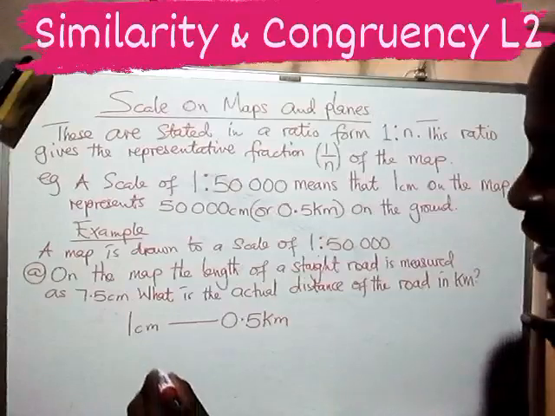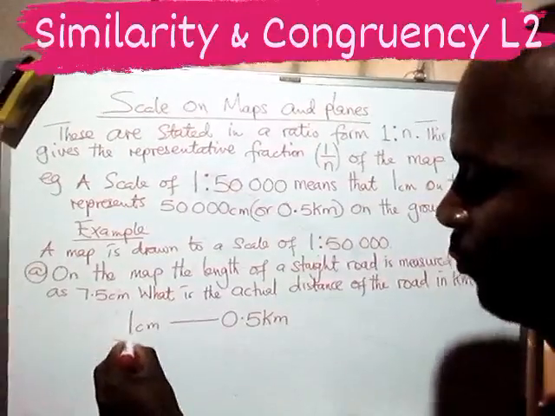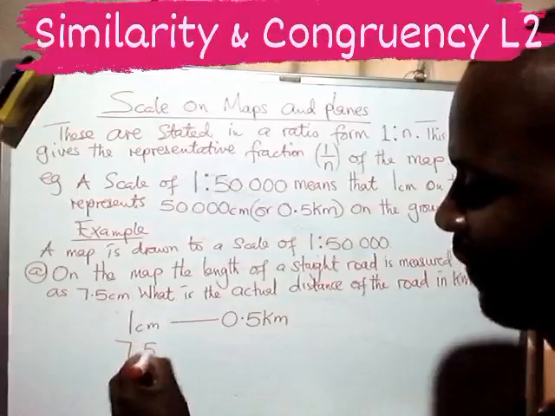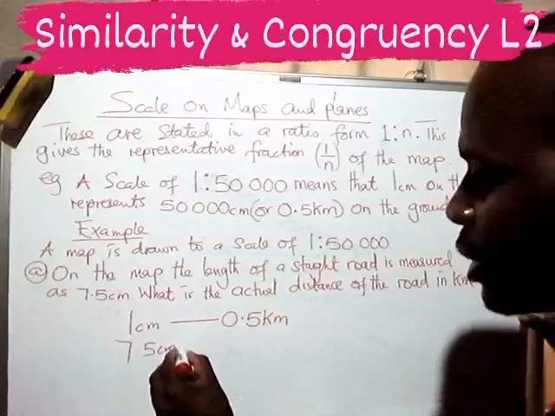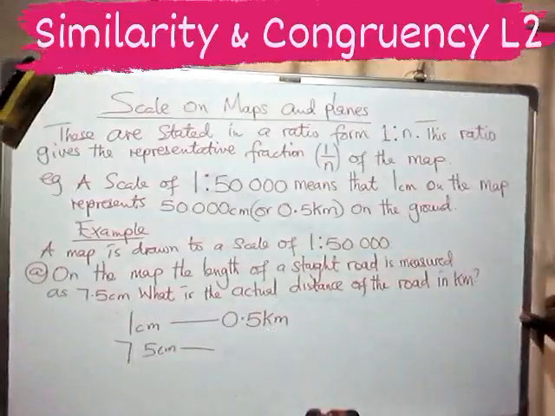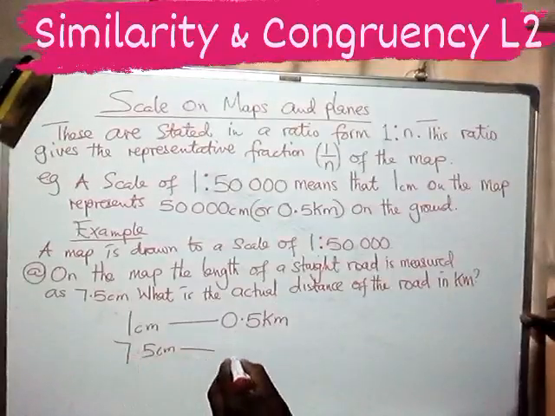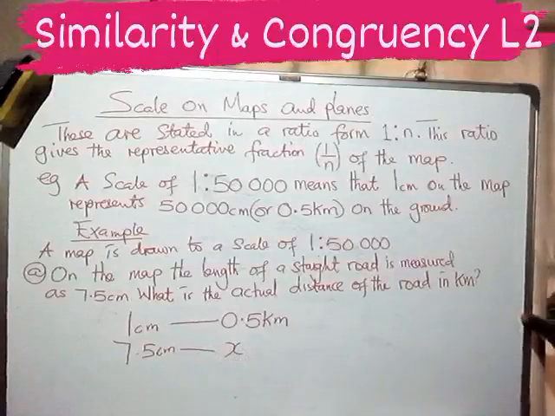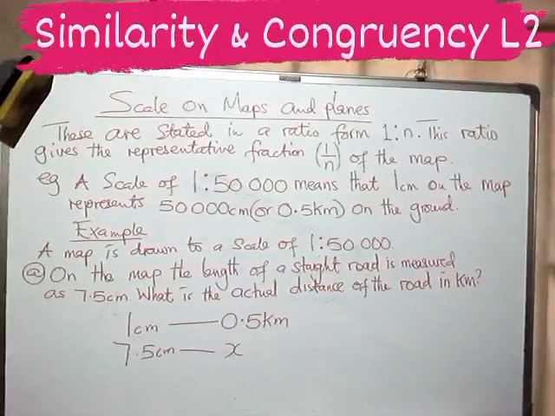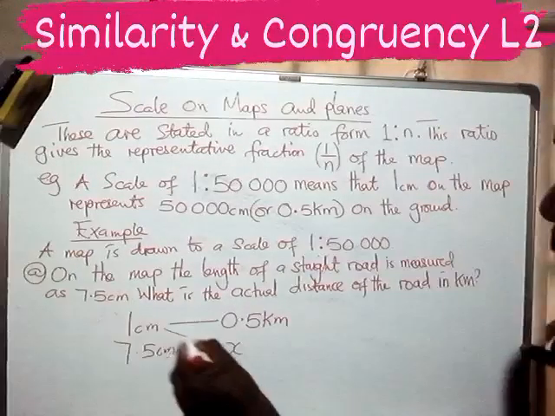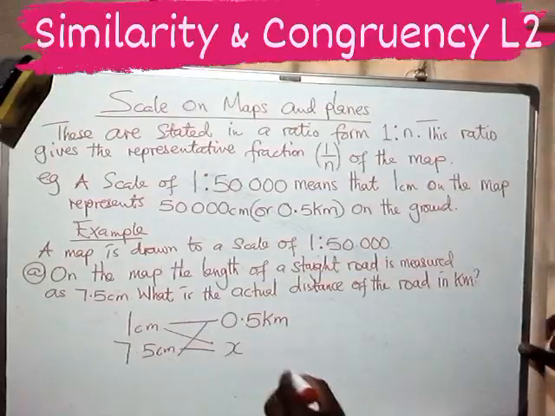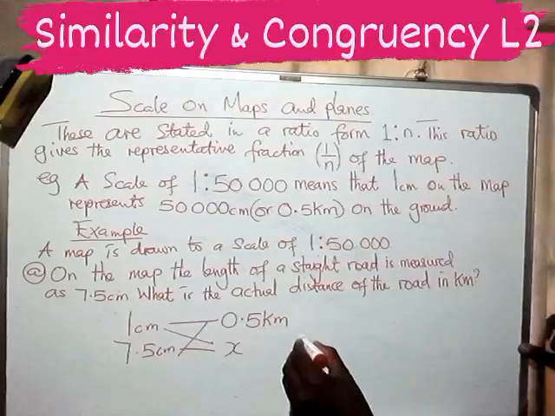Now the question is, what of 7.5 centimeters on the map? What will this be in kilometers? The answer is that we don't know. So this means that we are going to cross multiply.